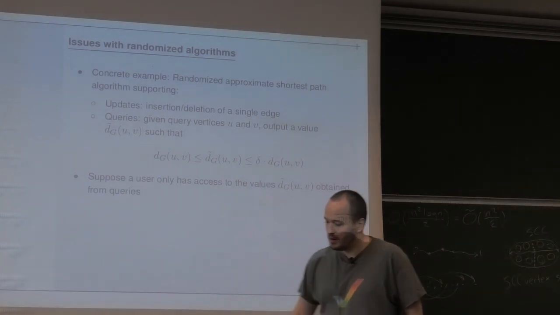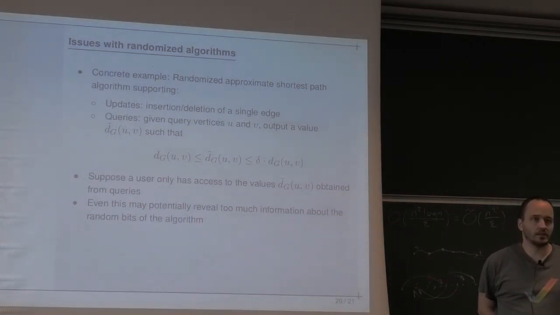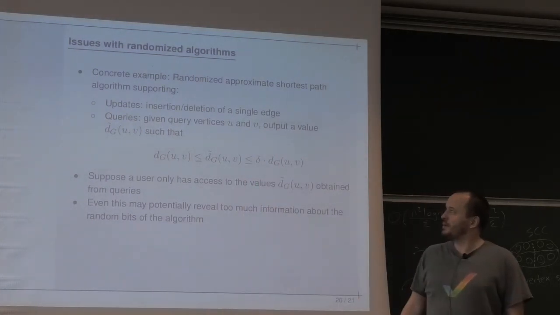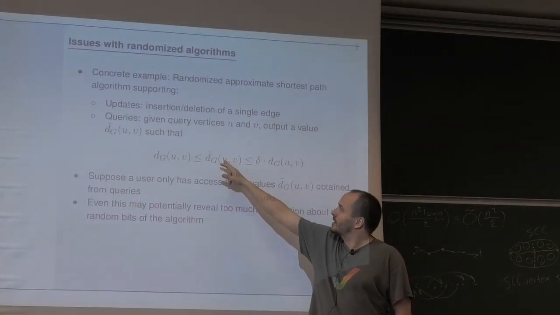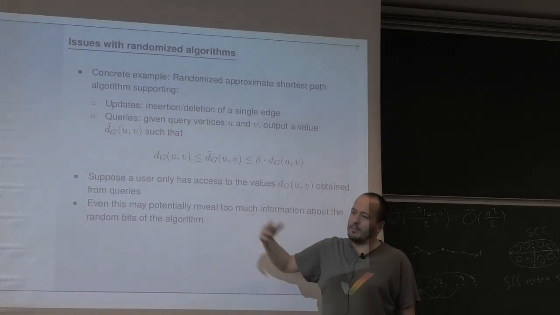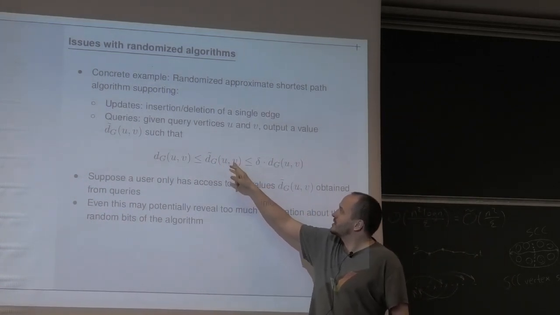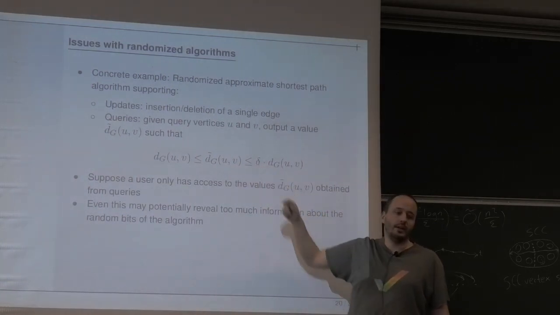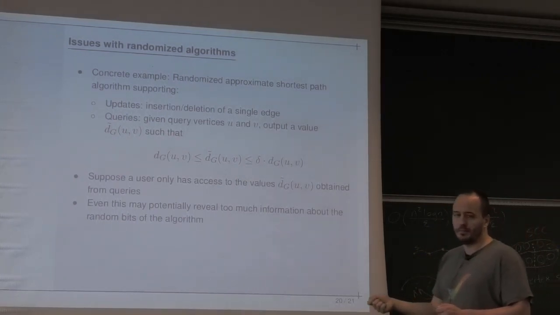Now it's not clear, but maybe this could actually reveal something about the bits. If the user is really clever, like you need to think of some kind of von Neumann guy who is really smart, or just some algorithm that is really clever and can figure out that, well, if I did 3 updates, and in the 4th operation I do a query between 2 specific vertices, and that approximate distance is maybe very close to delta, then I know that the 10th and the 15th random bits are 1.